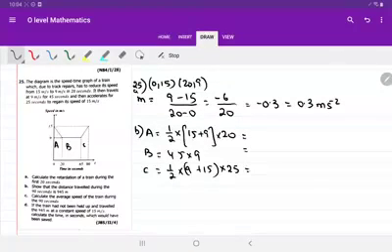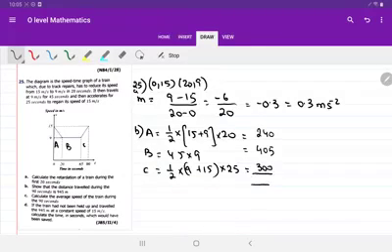So the distance is half into 15 plus 9, that is 24, into 20, that is 240. 45 into 9 is 405, and half into 9 plus 15 is 24, into 25 is 300.